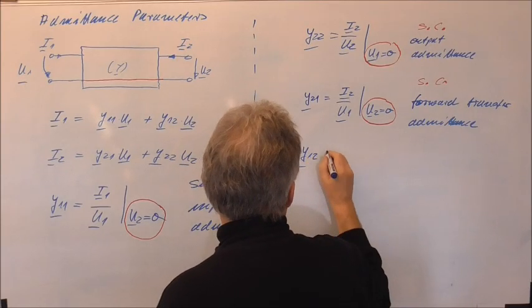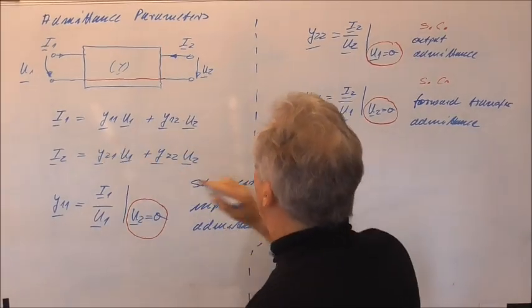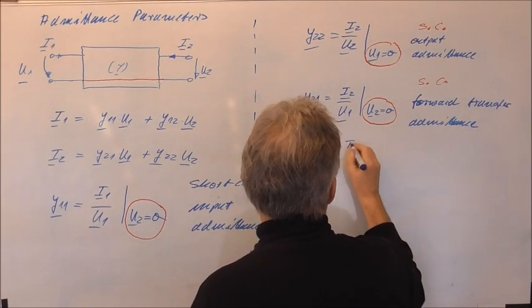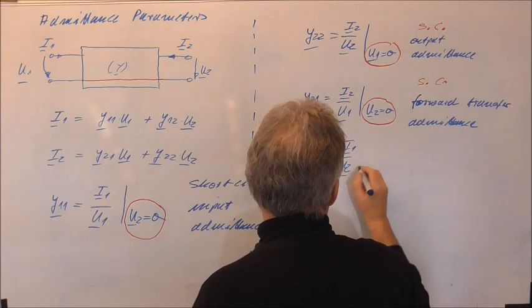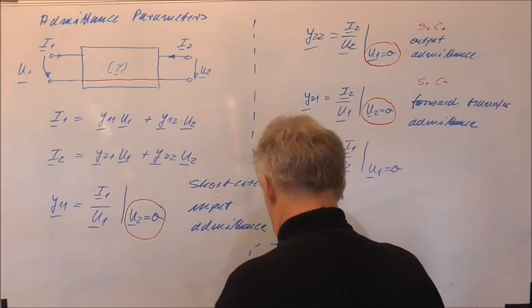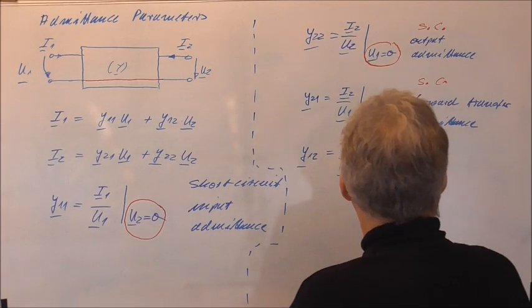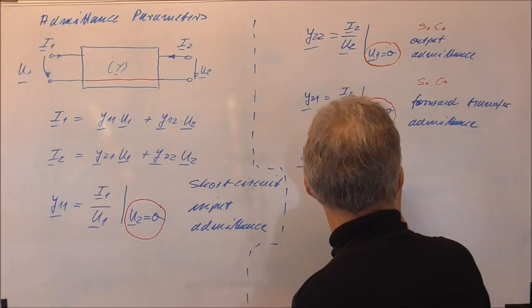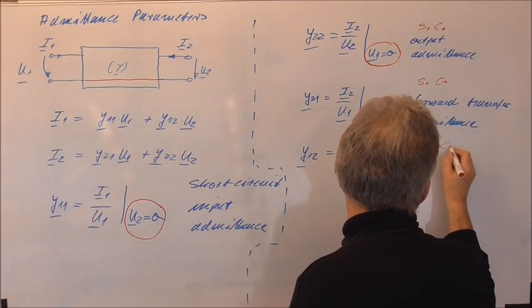So, and now we come to the last parameter, y12. At first perhaps I write its definition. It's I1 over U2, again here if U1 is equal to 0. Also here we have a short circuit.